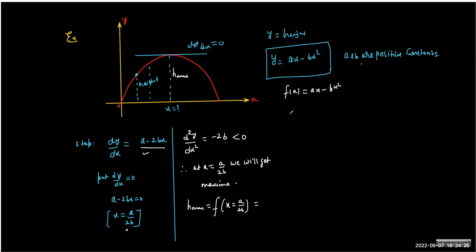To get the value of the maxima, how maximum is the maximum, we have to substitute what? X equals a by 2b. What do we get? A into a by 2b minus b into a by 2b whole square. And what is the answer? A square by 2b minus a square by 4b, right? How much is that? Do you know subtraction?